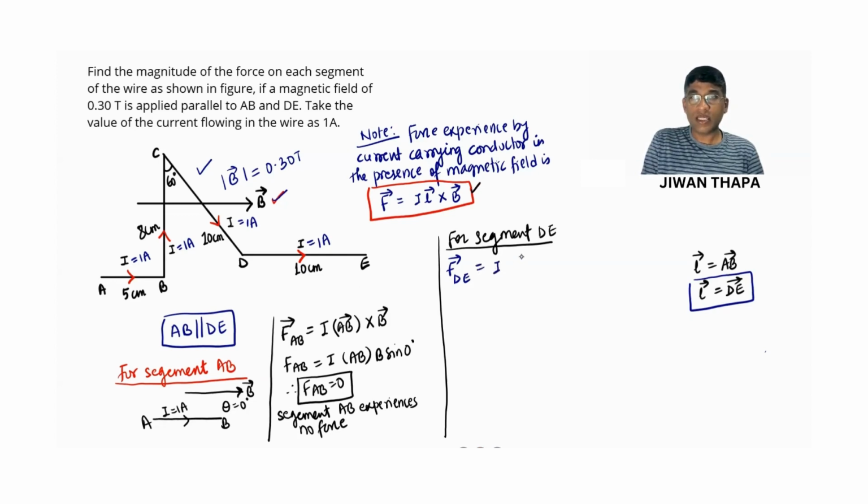this equals I, we have vector DE, cross, so we have the cross product, and we have the magnetic field, and we can write in this way, this equals I, magnitude of DE, we have magnetic field, and sine 0 degree, because we know segment DE and magnetic field are parallel to each other.